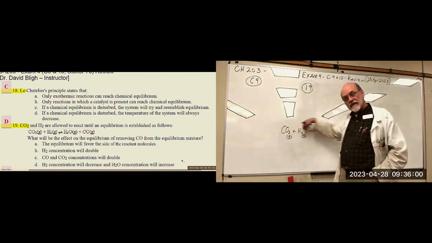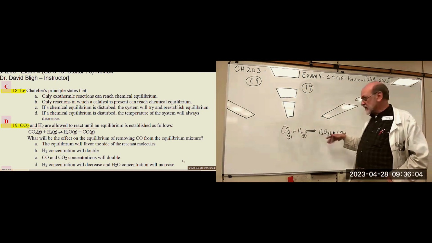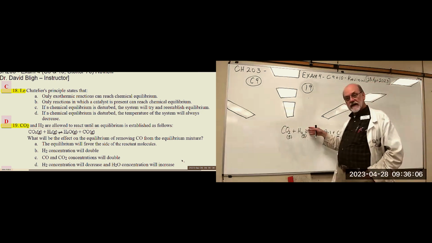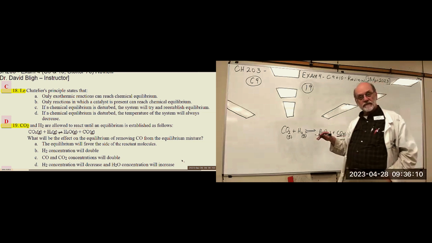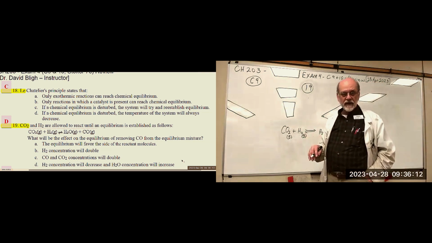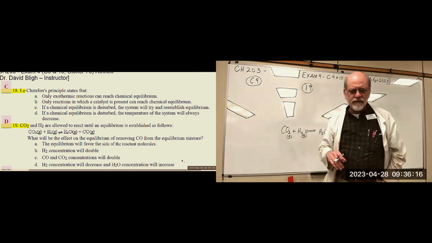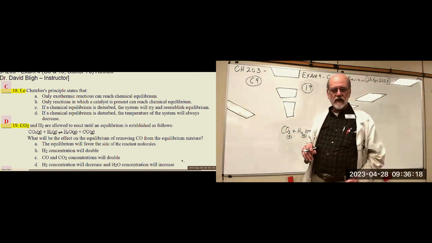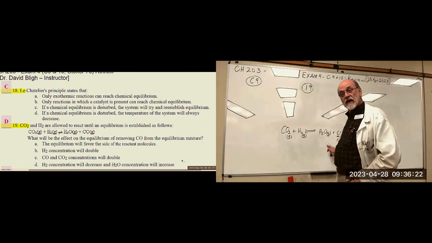So it will shift from left to right to replace some of this and consume some carbon dioxide and hydrogen. It'll make more water, and it'll make some carbon monoxide. So let's see which one of these expressions is accurate. The equilibrium will favor the side of the reactant molecules. No, it'll favor the product side.